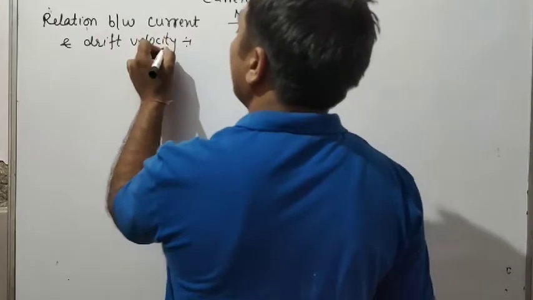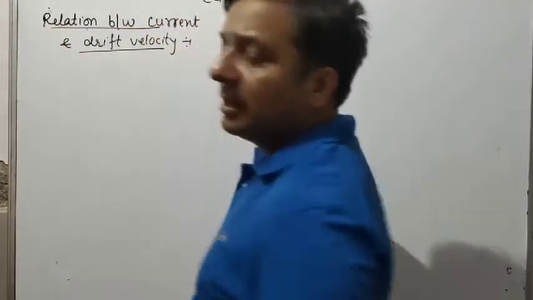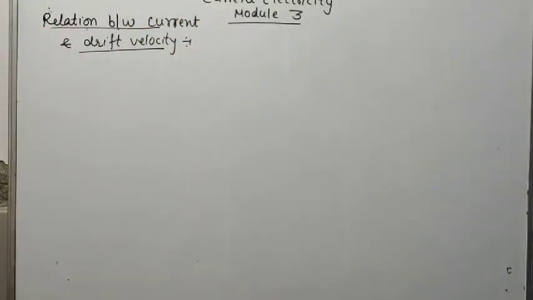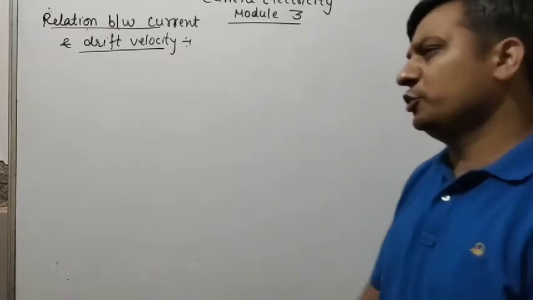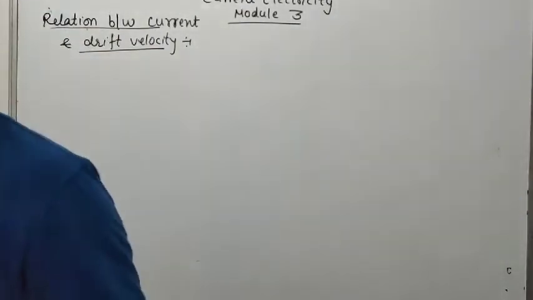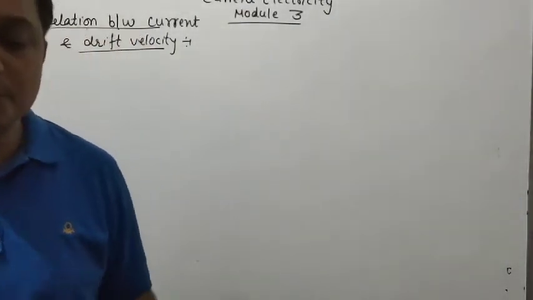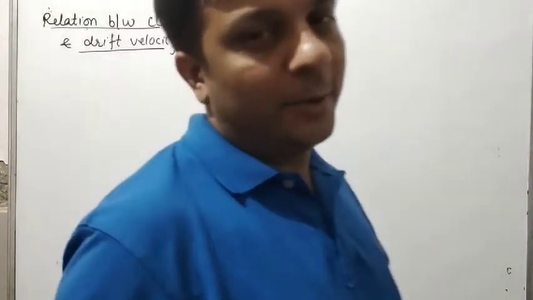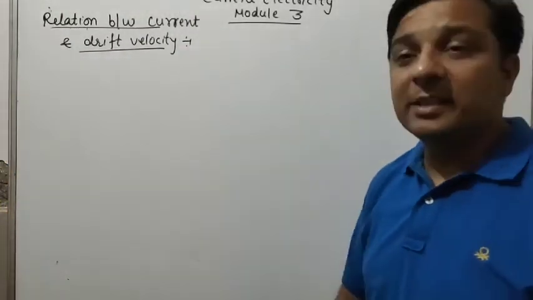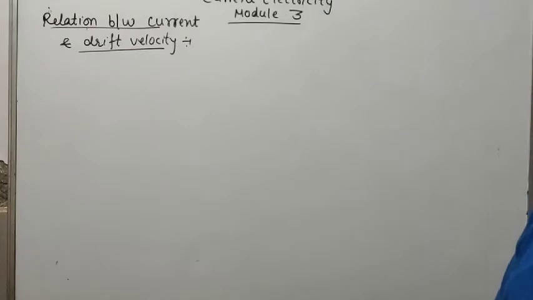So what is the relation between current and drift velocity? Very important, and you can see many times it is asked in the exam. So now let's derive the relation between current and drift velocity.